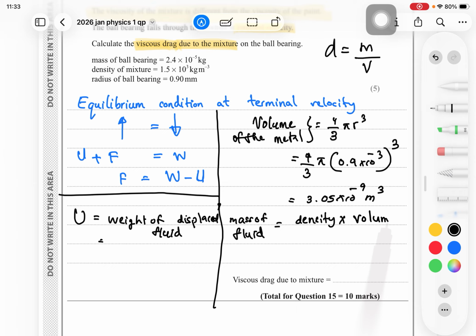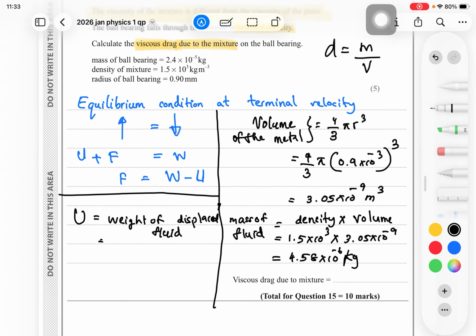So once we have it, do we know the density of the mixture? Yes, we do. The density of the mixture is given, which is 1.5 into 10 to the power 3 times 3.05 into 10 to the power negative 9. So that will give us the mass, which is 4.58 into 10 to the power negative 6 kilograms.